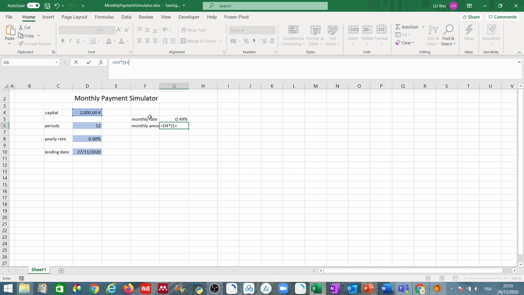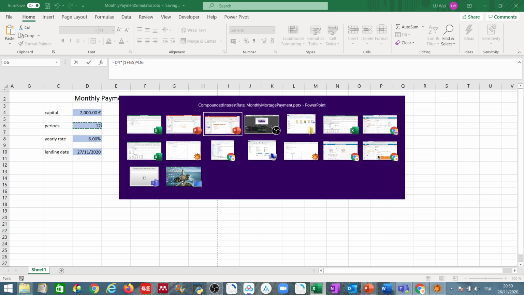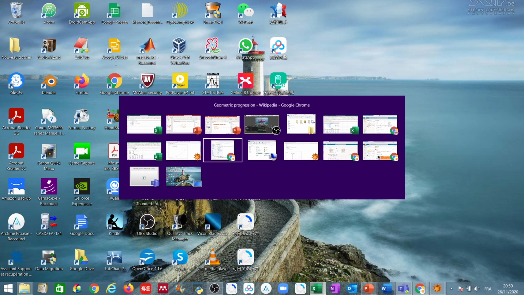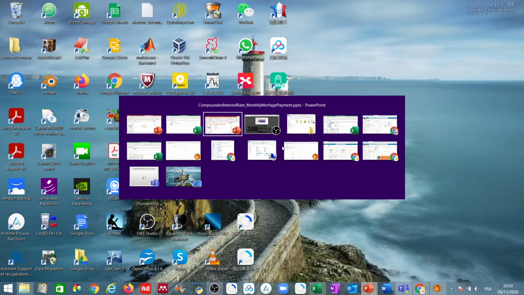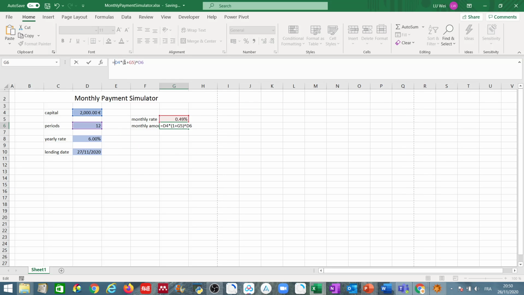Each period is a month, so we will use the monthly interest rate just here. And then the power of periods, so the power here. This is the numerator here.